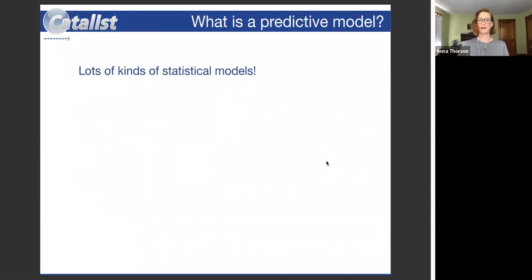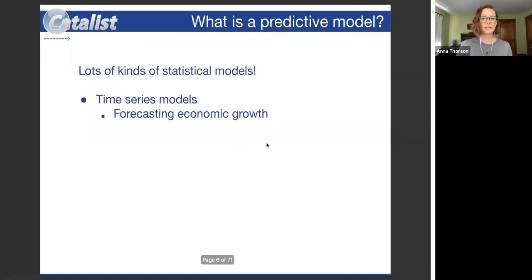What is a predictive model? This is probably a question that some of you might know the answer to and some of you might not. Before I really get into the meat of it, let's talk a little bit about statistical models. There are so many kinds of statistical models. They range from time series models, which you might have seen used to forecast economic growth.